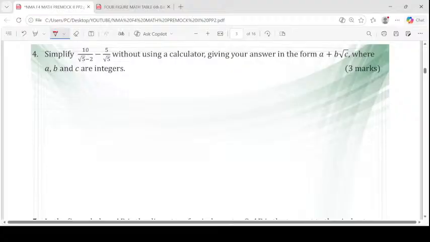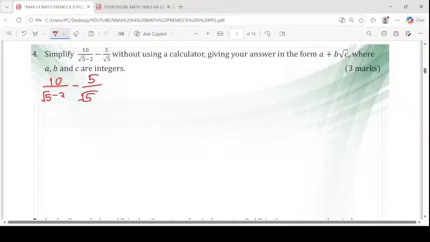Key points to take home here. So when you have 10 over root 5 minus 2, then minus 5 over root 5.